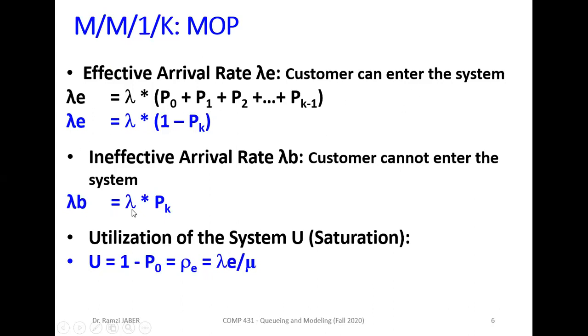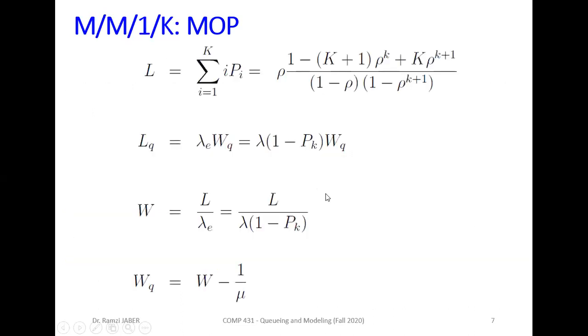We ignore lambda B to make our equations easier to calculate. For steady state, the average number of customers in the whole system, L, will always be the summation of N times PN, from N equal to 1 to K, which is equal to this big equation. Then we can calculate everything from this relation.